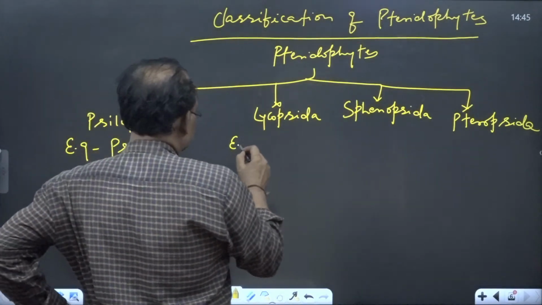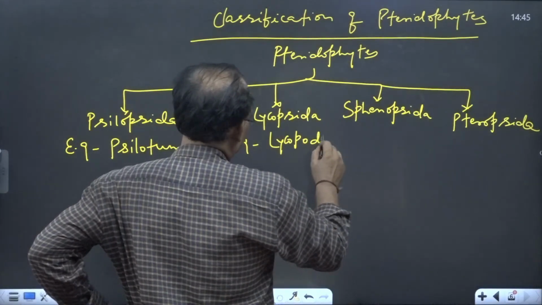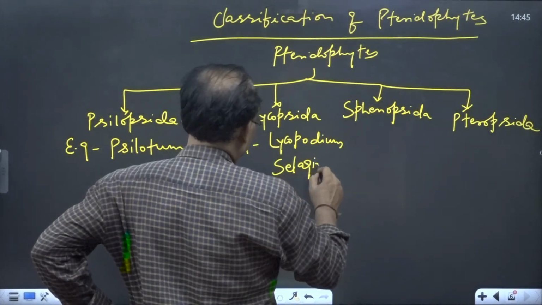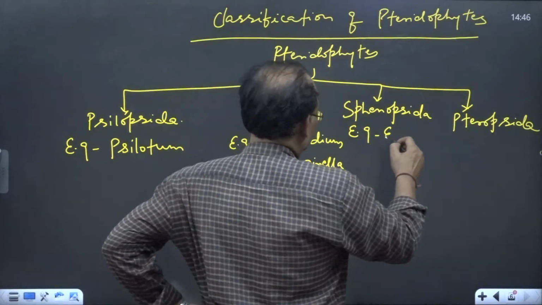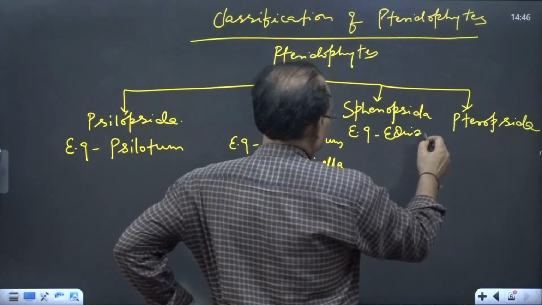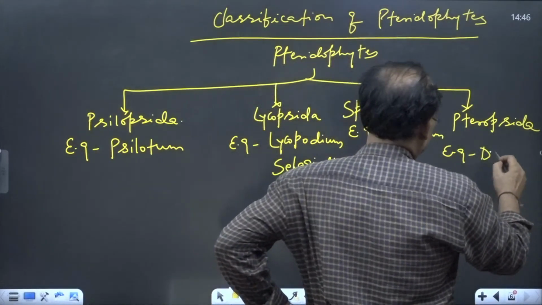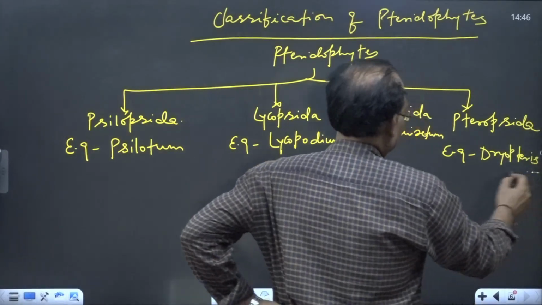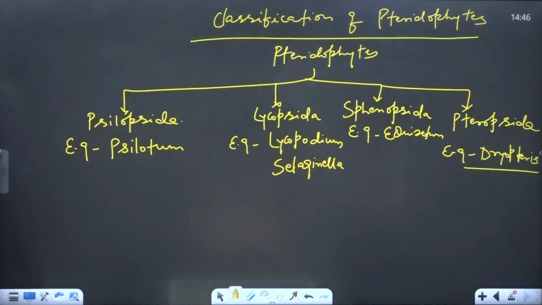This one example is Lycopodium, Selaginella. This one example is Equisetum. This one example is Dryopteris. So these are the 4 classes of pteridophytes.